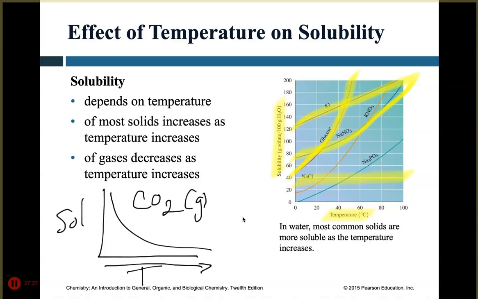If the temperature of the ocean is increasing, so we're going in this direction on the graph, we see that solubility in water is decreasing, which then kicks it into the atmosphere, which then compounds the effect of global warming. That's where you get this runaway greenhouse effect.